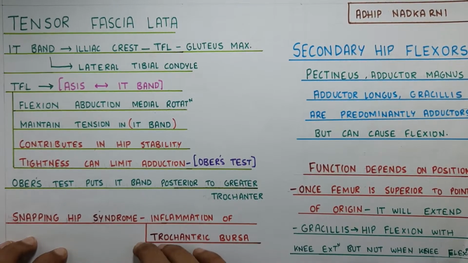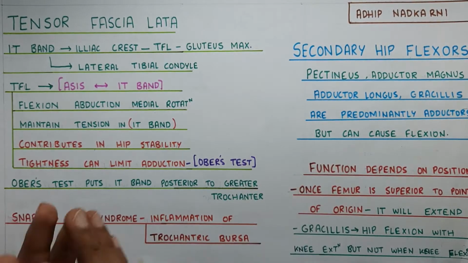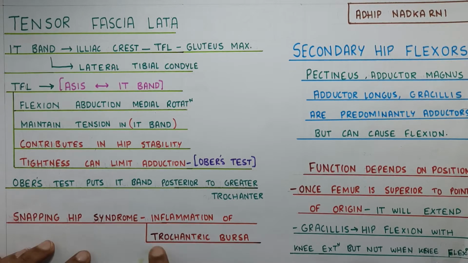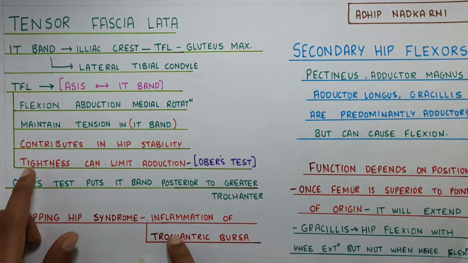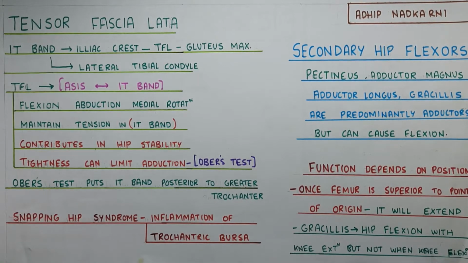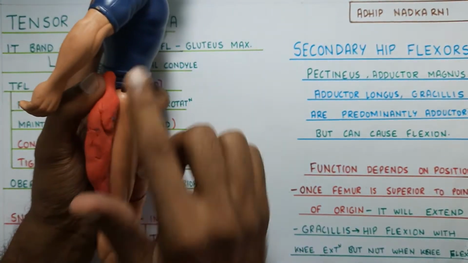So next, going to snapping hip syndrome, which is commonly seen as a pathology of tensor fascia lata or IT band, both kind of interrelated. Here what happens is there is inflammation of the greater trochanteric bursa. The greater trochanter I talked about over here. There is a bursa between the greater trochanter and the muscles over here, the IT band and TFL.